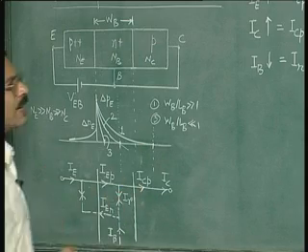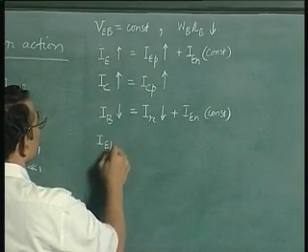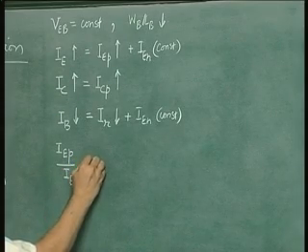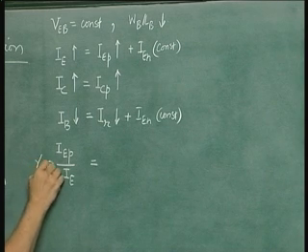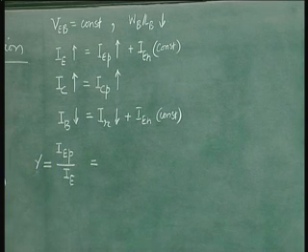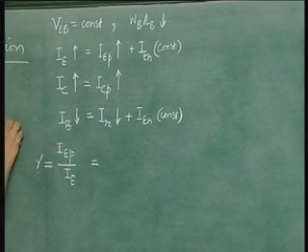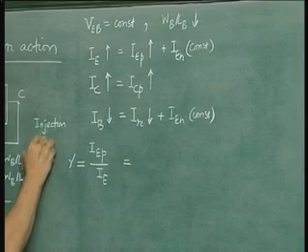So therefore we can write two ratios. One is IEP by IE. What happens to this ratio? This ratio is called the injection efficiency, and it is denoted by the symbol gamma. So gamma is injection efficiency.